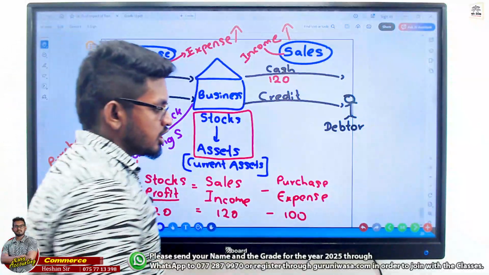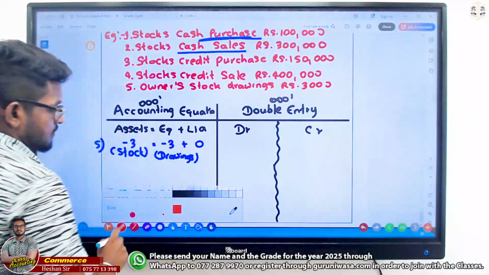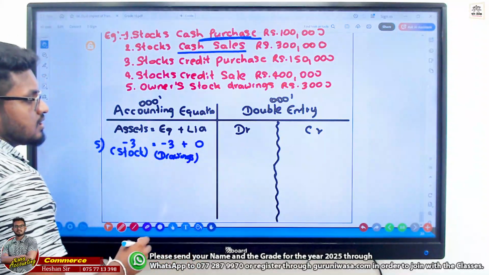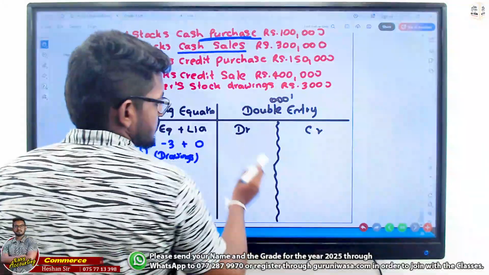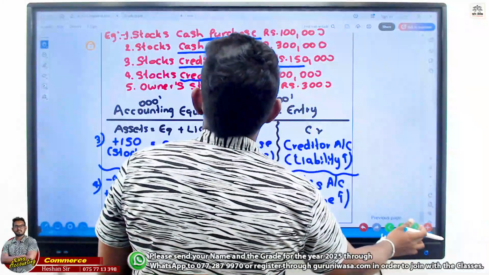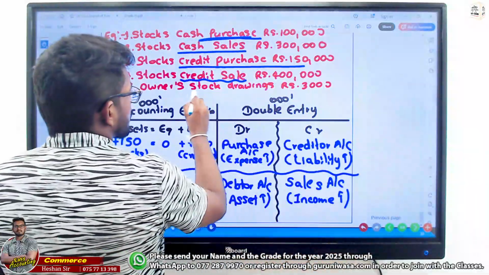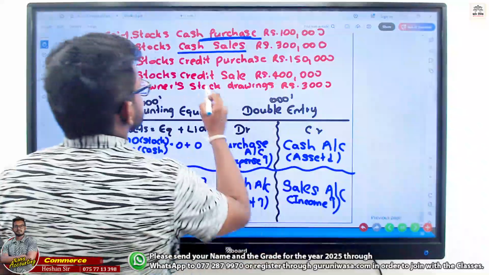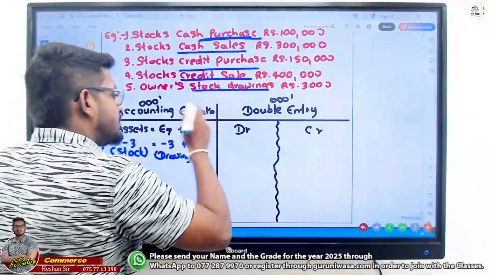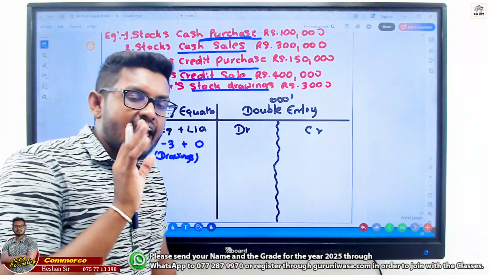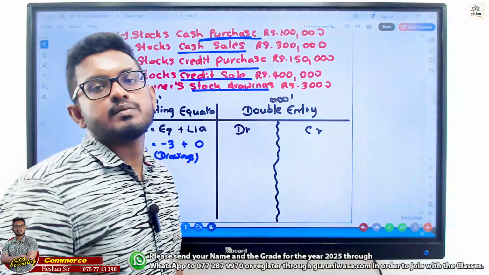Understand? Right? Okay, so in here, what is the double entry when owner stocks drawings? Right? What is the debit entry? Though it's the cash purchase or credit purchase, when owner withdraw something, owner's ownership decreases.